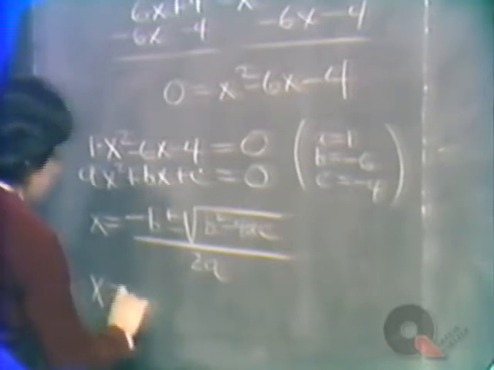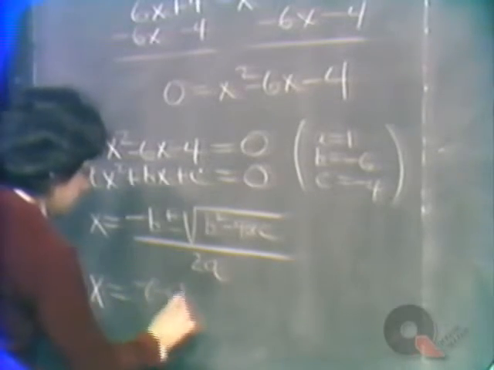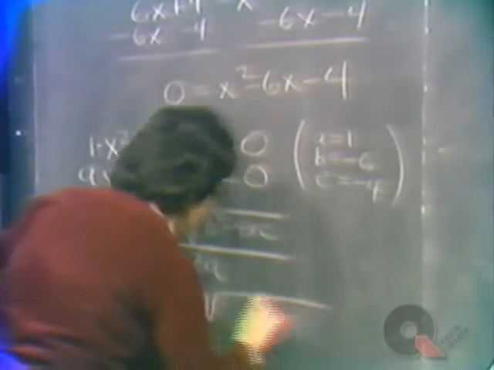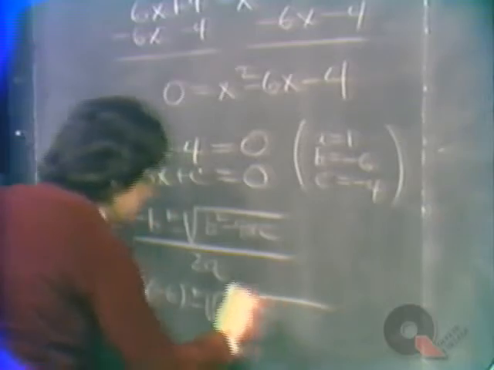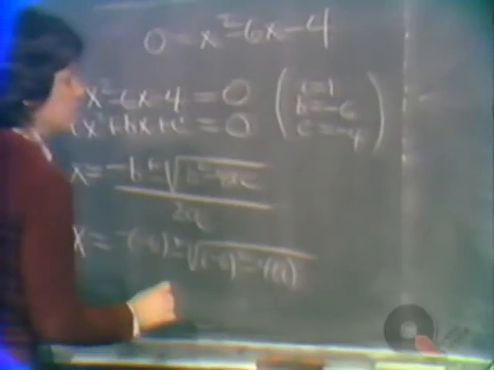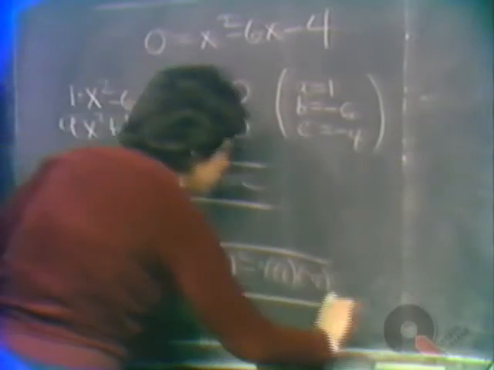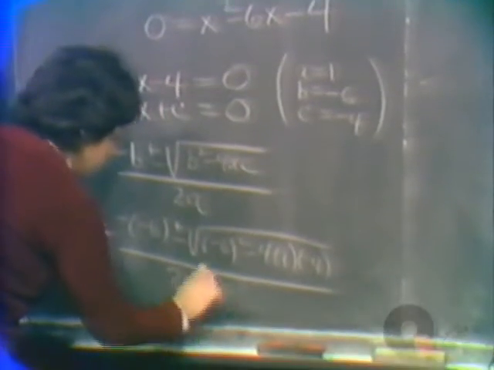So we substitute in: x equals minus b, that's minus a minus 6, plus or minus the square root of minus 6 squared minus 4 times a, which is 1, times c, which is minus 4, over 2a, 2 times 1.